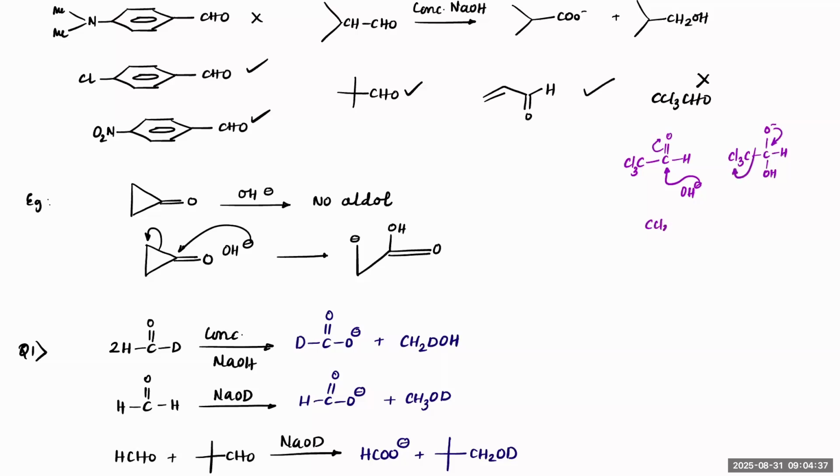So basically what you will get is CCl3 minus plus HCOOH, and this will take away H plus and convert into CHCl3, which is haloform, and HCOO minus. So basically this will go in the direction of haloform reaction and not in Cannizzaro. Okay.